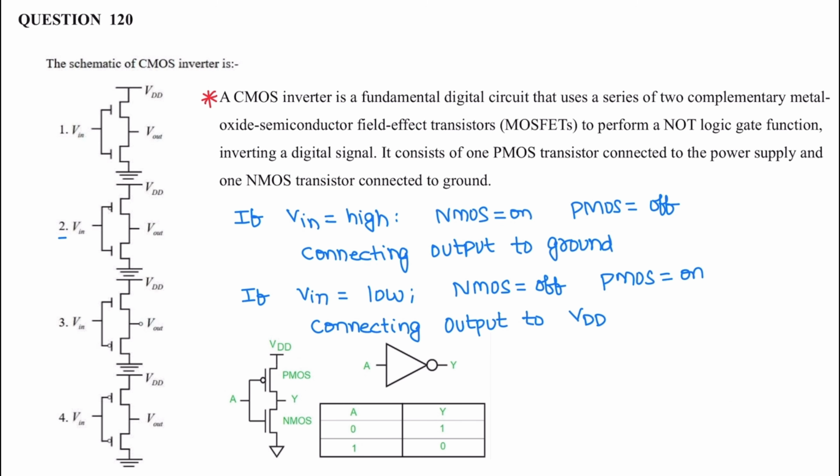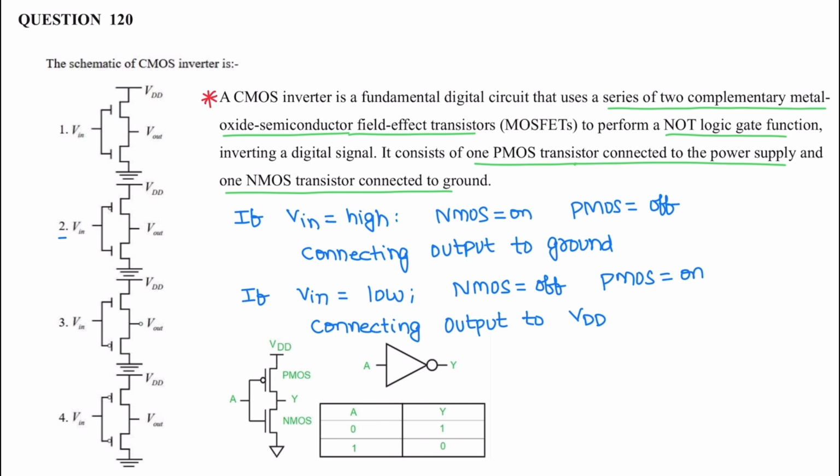Question number 120. The schematic of CMOS inverter is. This CMOS inverter is a fundamental digital circuit that uses two complementary metal oxide semiconductor field effect transistors, two complementary MOSFETs, to perform the NOT logic gate function. It consists of one PMOS transistor connected to the power supply and one NMOS transistor connected to the ground.